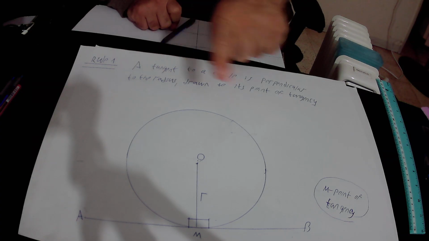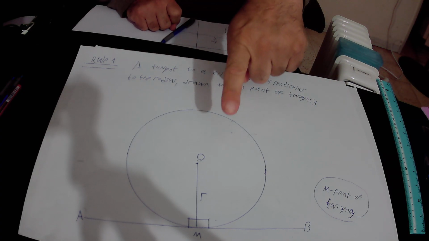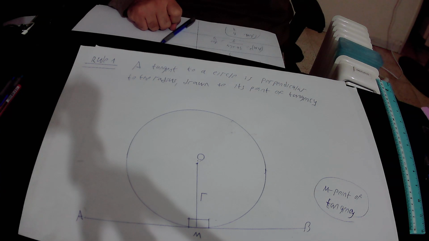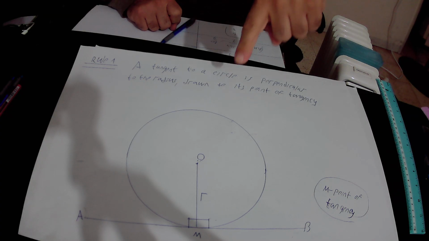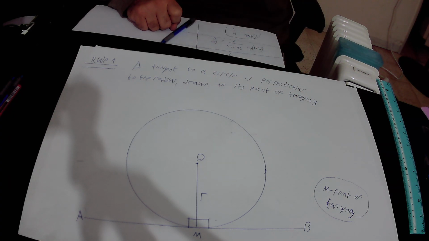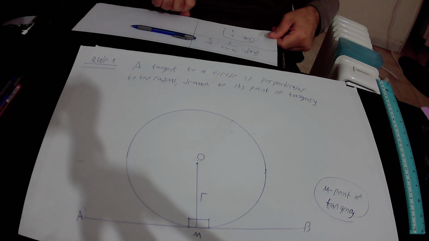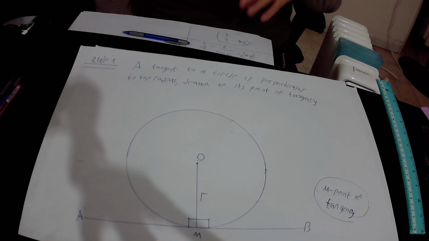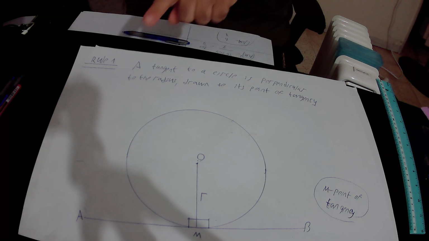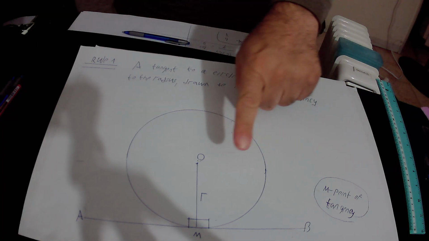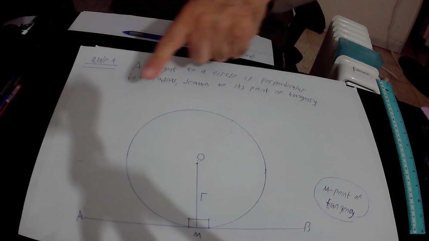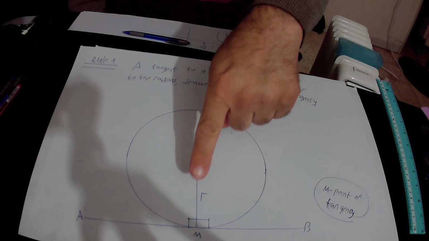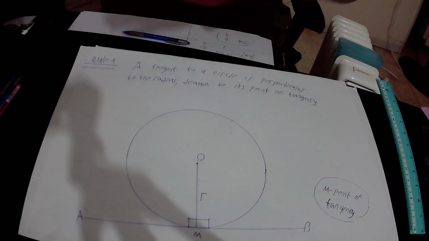Here we have tangent AB that is tangent to this circle at point M. Point M is the point of tangency, and we have the radius OM drawn to the point of tangency. Whenever you have a radius drawn to the point of tangency, then tangent AB will be perpendicular to the radius MO. So if AB is perpendicular to MO, it means that this angle equals 90 degrees and this angle equals 90 degrees, according to rule number 1.